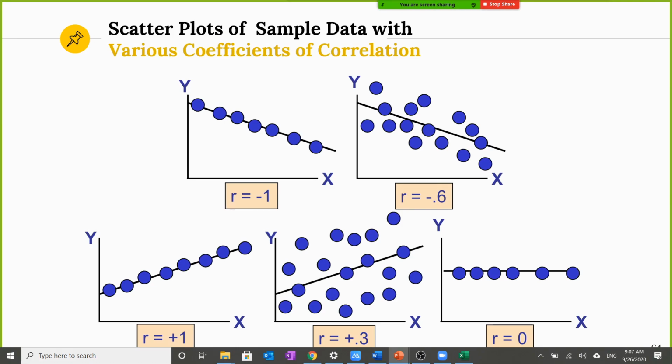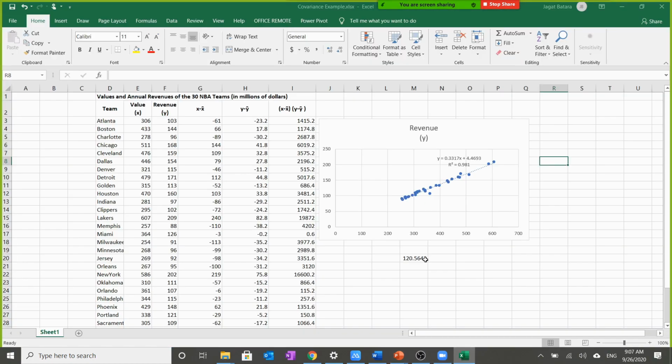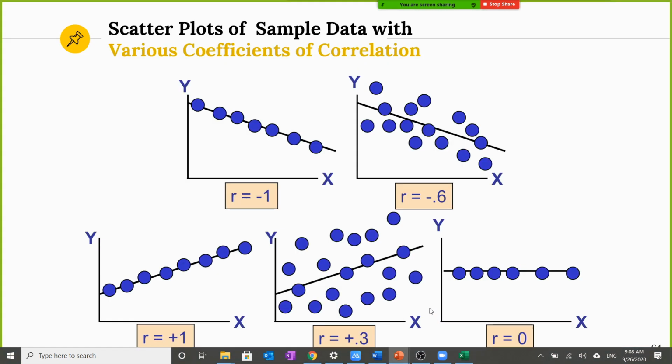This is an example of the graph. As you can see in my Excel file, I have this one. So this is positive, and this graph is near 45 degrees, so the r square increases more toward 1. Okay, so in this case, we have this type of diagram.